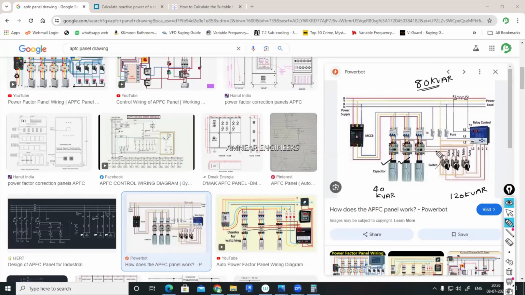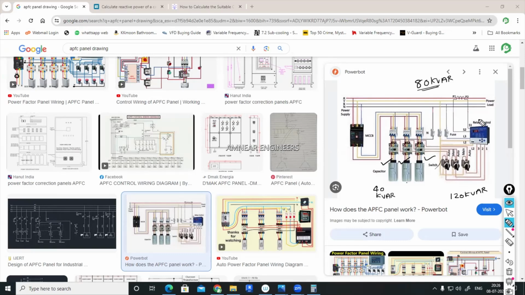So it's a multi-step capacitor bank. The reactive power can be increased in steps, using multiple capacitors. Here the steps are 40 kVAR, but they can be 20 or other values.